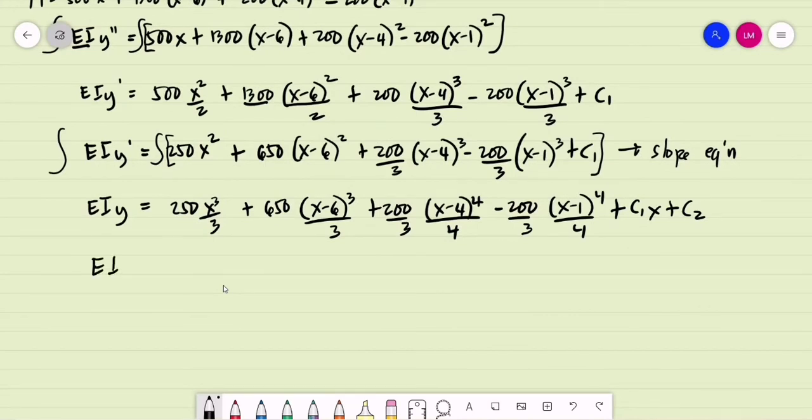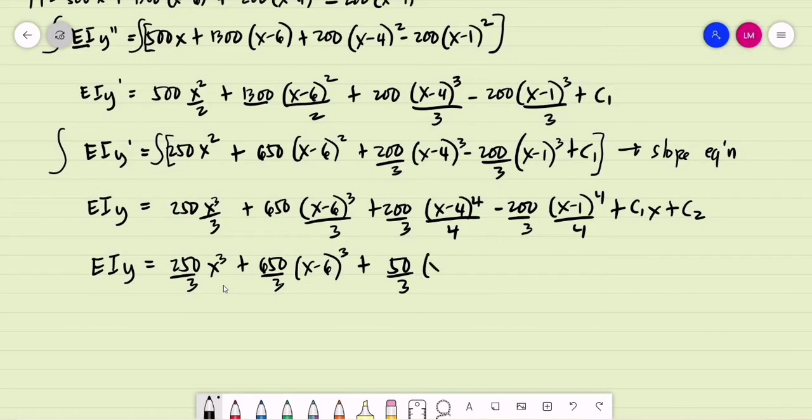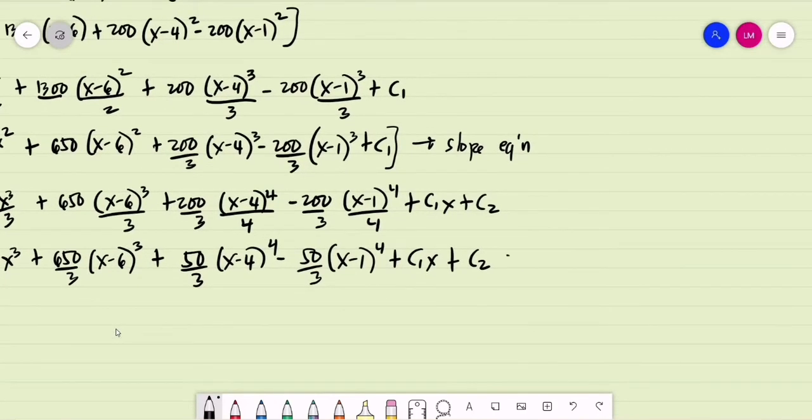We have EI y is equal to 250 divided by 3 x cubed plus 650 over 3 multiplied by x minus 6 cubed plus, what is 200 over 4? 200 over 4 is 50. 50 over 3 multiplied by x minus 4 raised to 4 minus 50 over 3 multiplied by x minus 1 raised to 4 plus c1 x plus c sub 2. So this is our deflection equation.